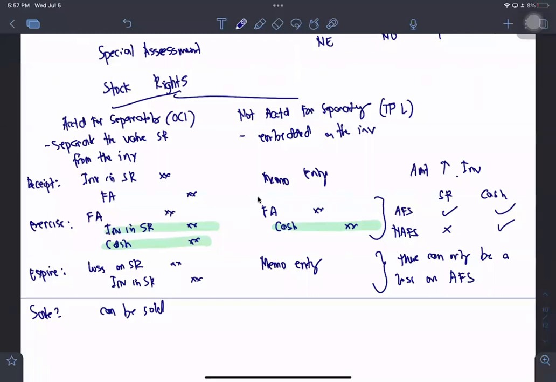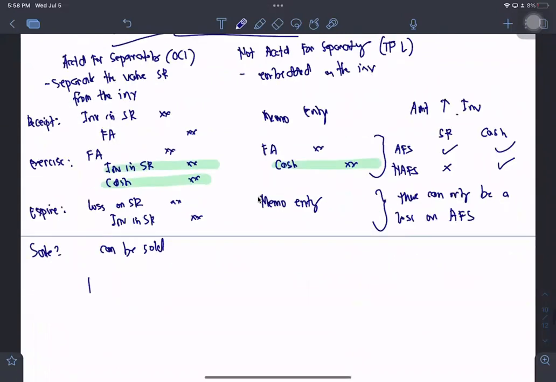Now, as to your theoretical value of your rights, please do not forget how to compute whenever it is rights-on and whenever it is considered ex-rights. Lastly, we have your reclassification. In your reclassification for equity security, we only have two, right? FVTPL and FVTOCI.